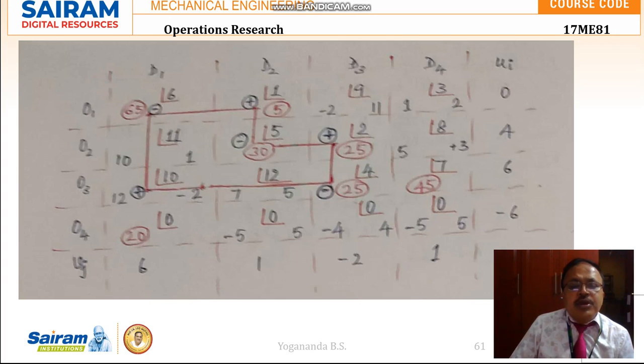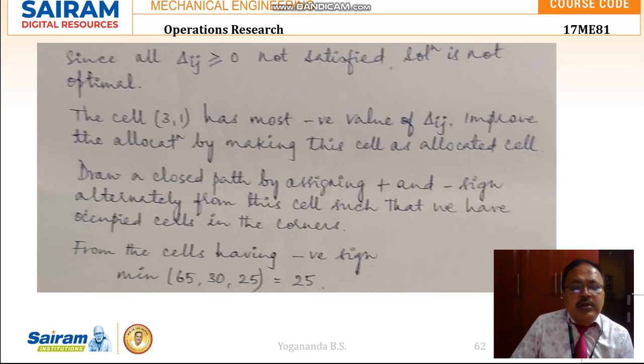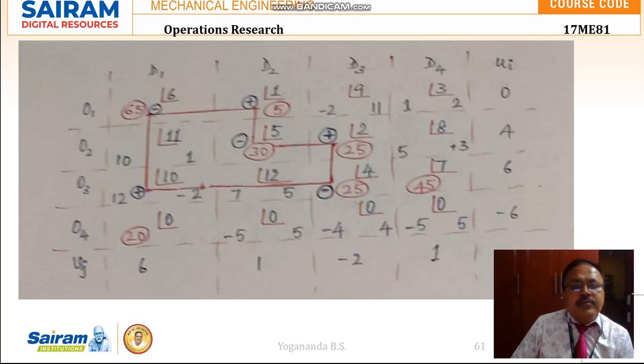Go horizontally, then come down and join back. Now make sure that all the corners of this loop are occupied cells. Start assigning plus and minus signs from here: plus, minus, plus, minus, plus, minus. Then from the cells having minus signs in the corners, take the minimum one.